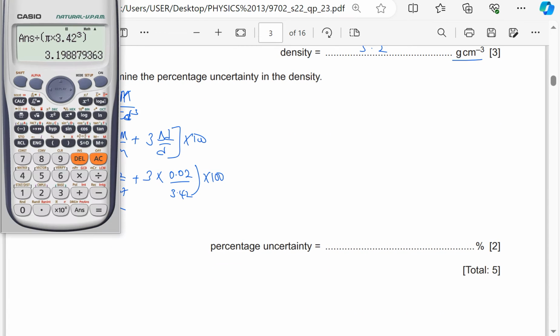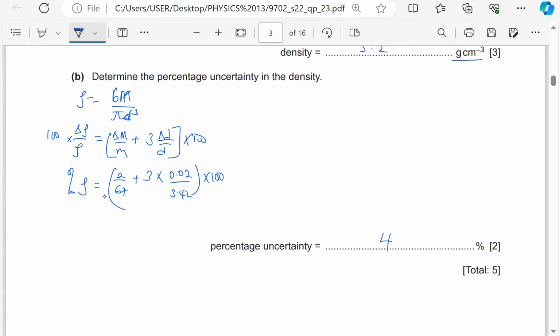So I'll press my calculator: 2 divided by 67 plus 0.06 divided by 3.42, then times 100, which is 4.74, or approximately 4.7%.